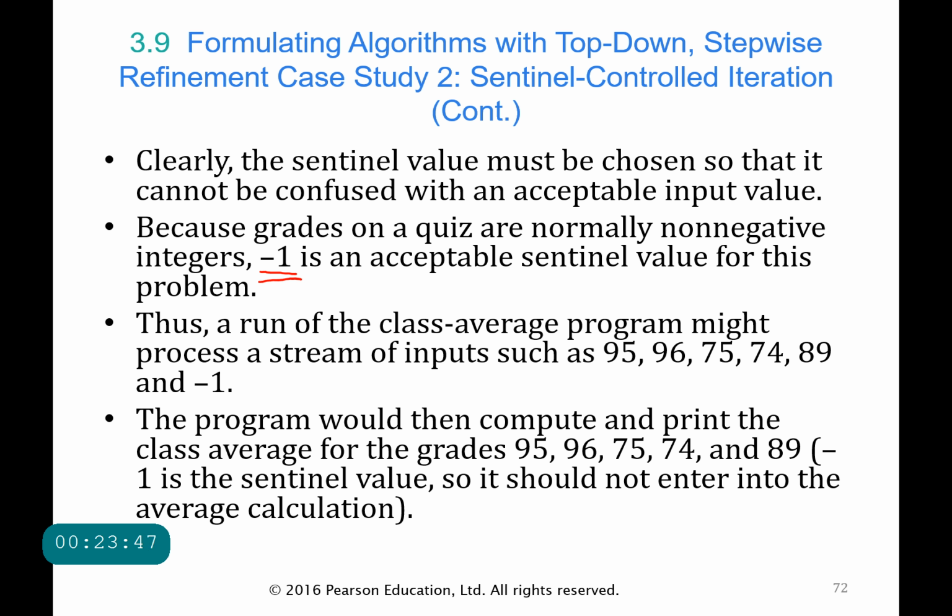So you could think of this as, you could ask the user to enter -1 when they have finished entering the grades. So let's say you have a class of 5 students. So you could ask the user to enter these values. So the user comes in and enters 5 values, and then once he's added all 5 values, the user can enter -1, and the -1 is the sentinel value, and so it will terminate our program. So let's go ahead and look at that.